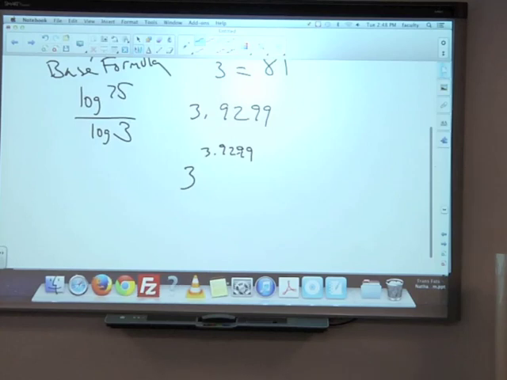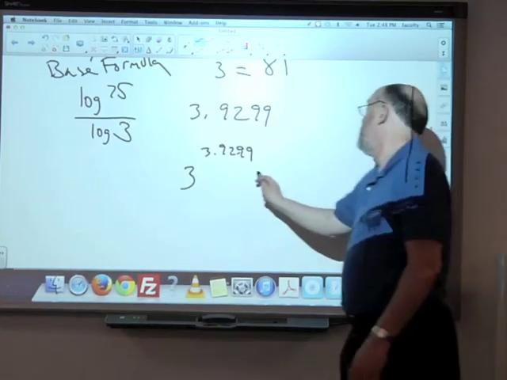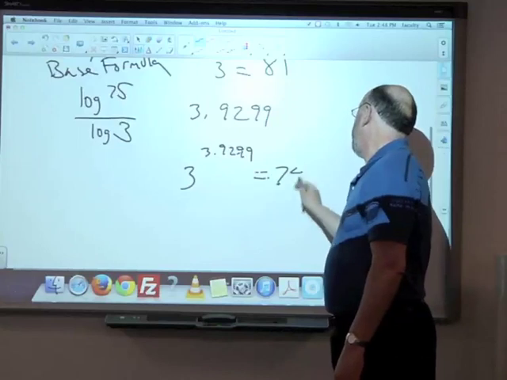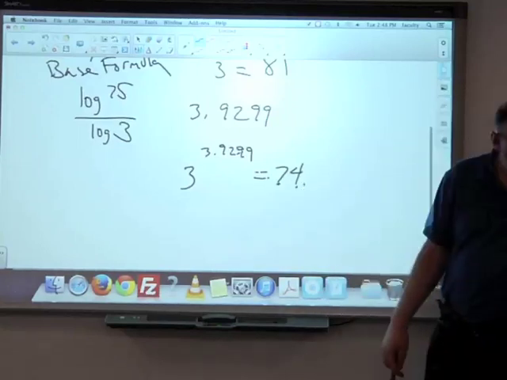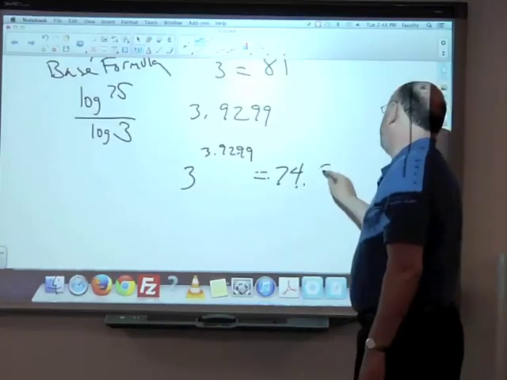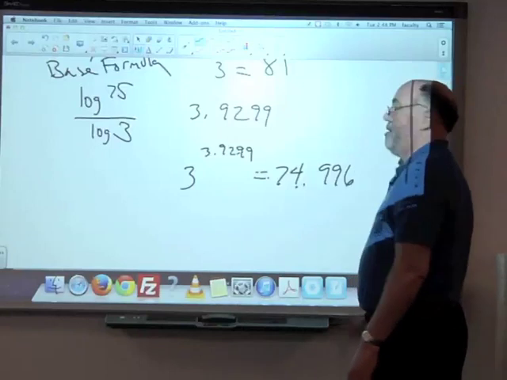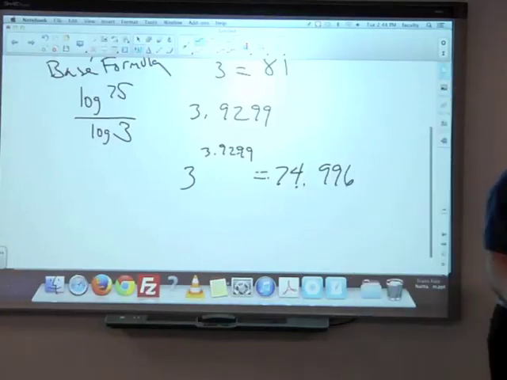And that number comes out to be 74.996. So it is in the ballpark of 75. If I had gone out more places, I would be even closer. So we can do logarithms of any number by doing this.